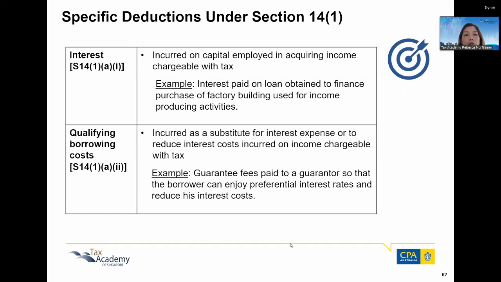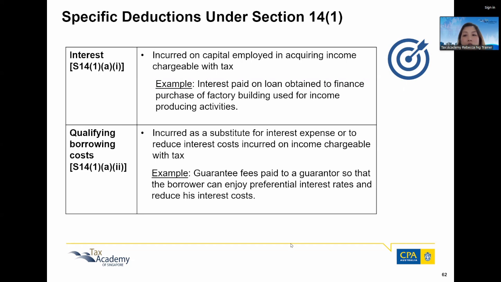Under Section 14(1), certain expenditure is specified, for example interest and qualifying borrowing costs. Section 14(1)(a) allows deduction on interest and qualifying borrowing costs. There must be a direct link between the use of the loan for which the interest is being paid and the income produced.